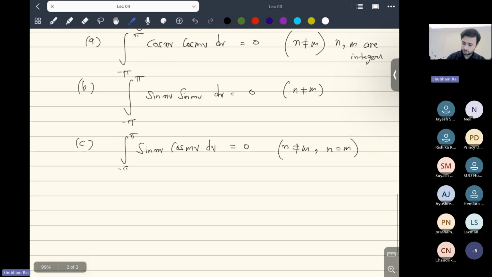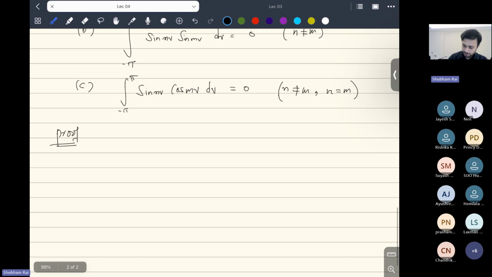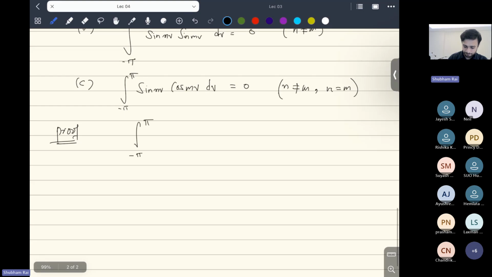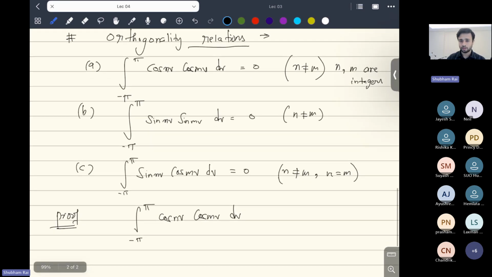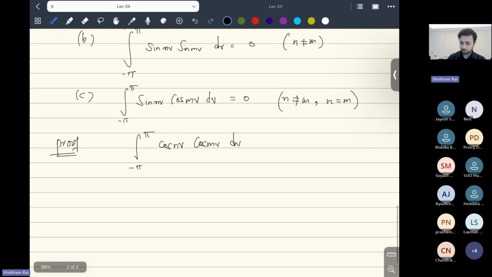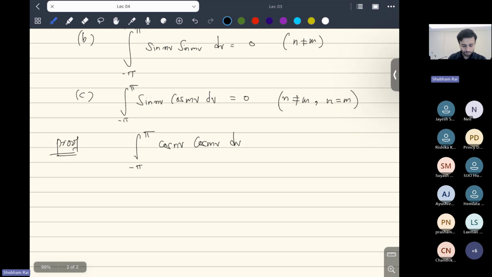And it's very easy to prove them. So let me just quickly do that. I'm doing the proof of orthogonality relations. Integral from minus pi to pi. Let's prove the first one, cosine nv and cosine mv. Then the other ones you can prove on your own. For that I am going to use the formula.